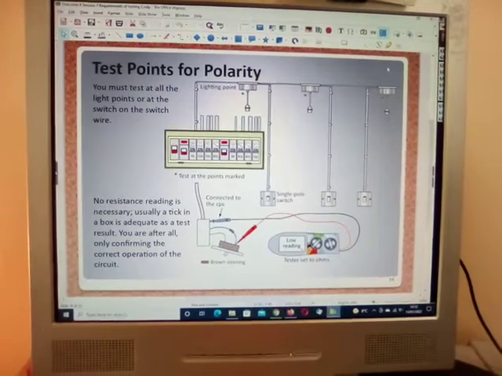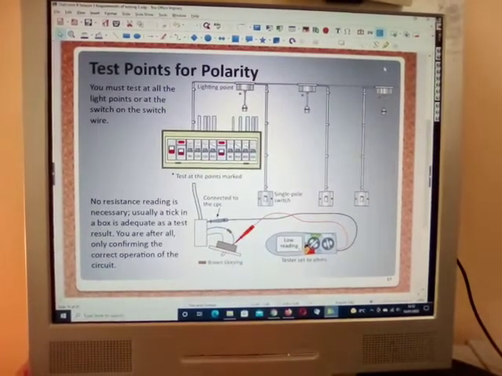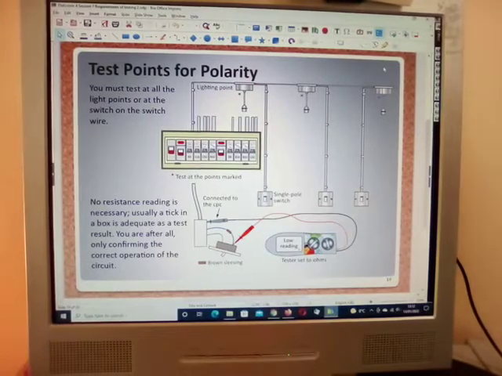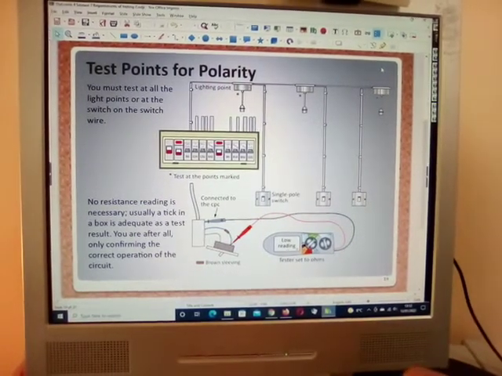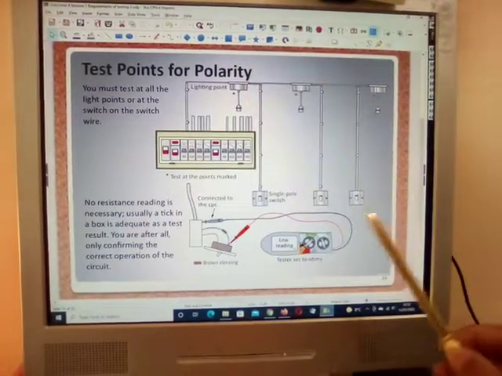Test points for polarity. Again remember you're testing to ensure that the mains cable, the live feed, goes to the live side of the switch, whether it be in a ceiling rose or in your switch itself.